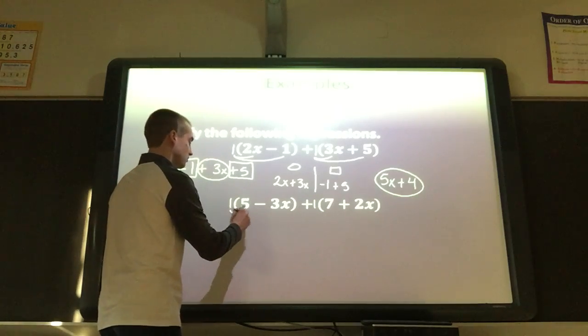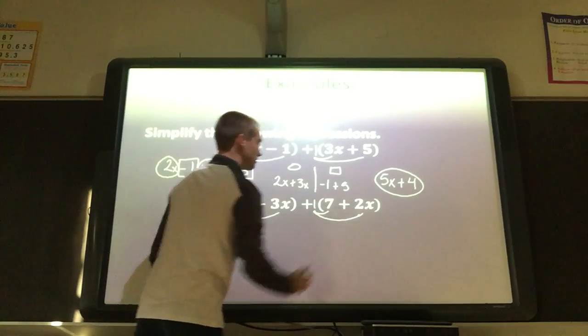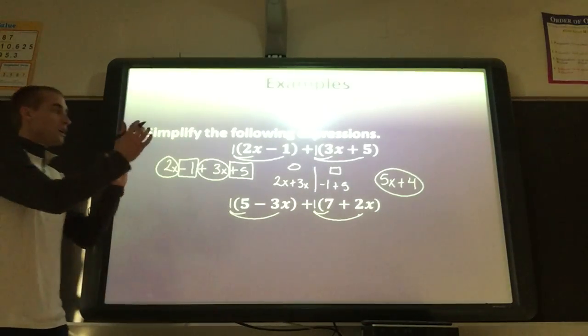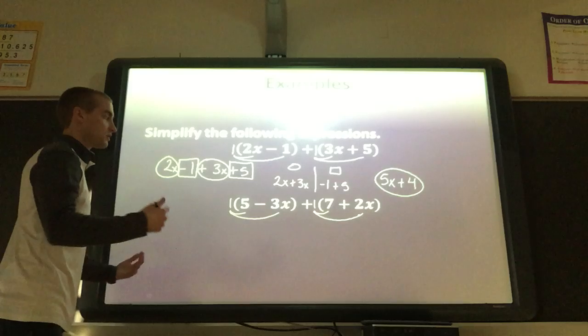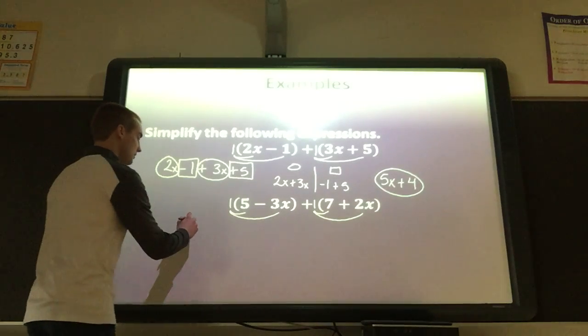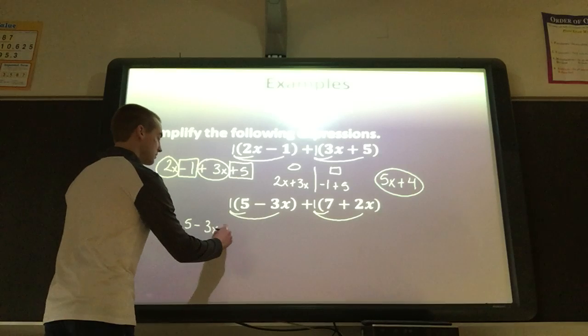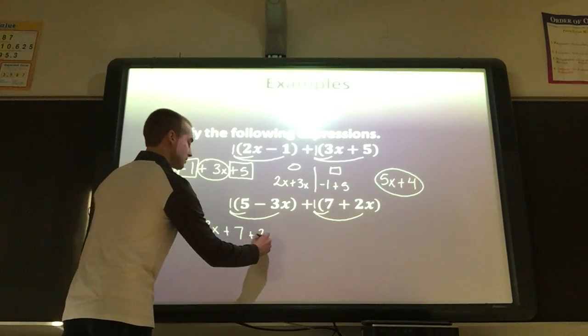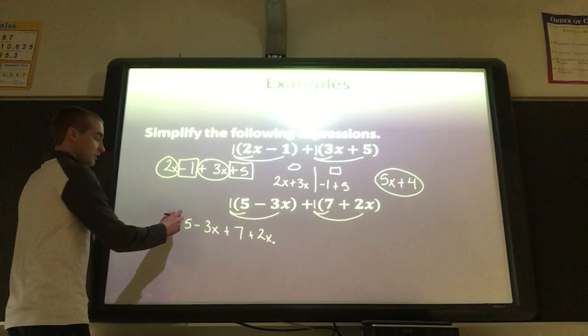Okay, then we do the same thing on the second question to start. We're going to do 1 times 5, 1 times 3x, 1 times 7, and 1 times 2x. Notice the x terms are on the right of the parentheses, but nothing's going to change really. We still do the same steps. So this is going to be rewritten as 5 minus 3x plus 7 plus 2x. Okay, we circle, so it doesn't really matter.